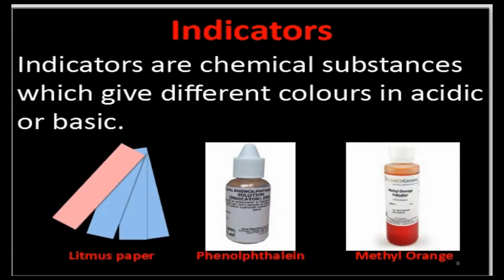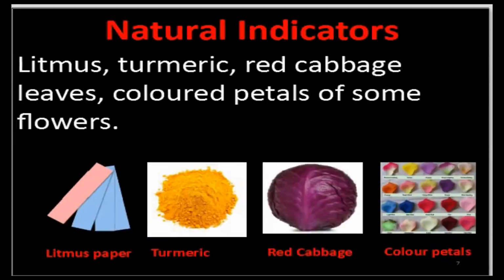Let's see what are indicators. Indicators are chemical substances which give different colors in acidic or basic medium. And there are different types of indicators. They are natural indicators, synthetic acid-base indicators and olfactory indicators.